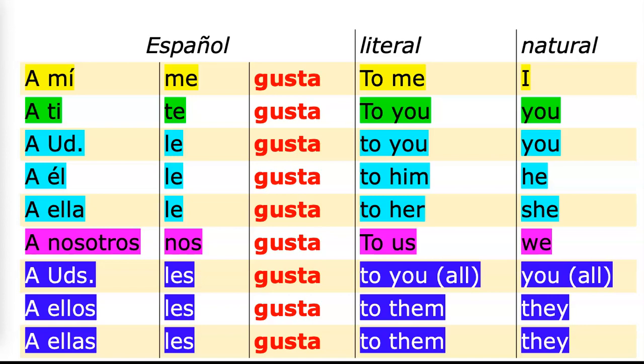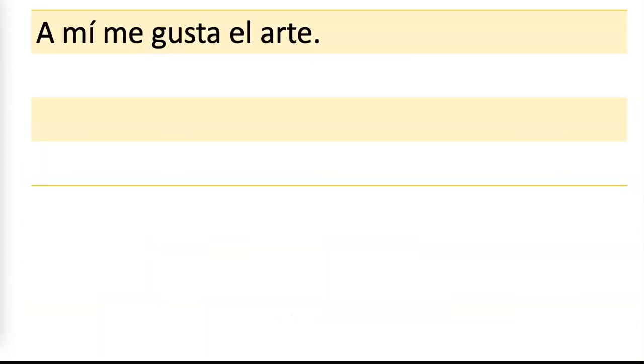Now notice, with a mí, a ti, and a nosotros, there is no need to clarify because me, nos, and te can only refer to one subject. However, we use them for emphasis.